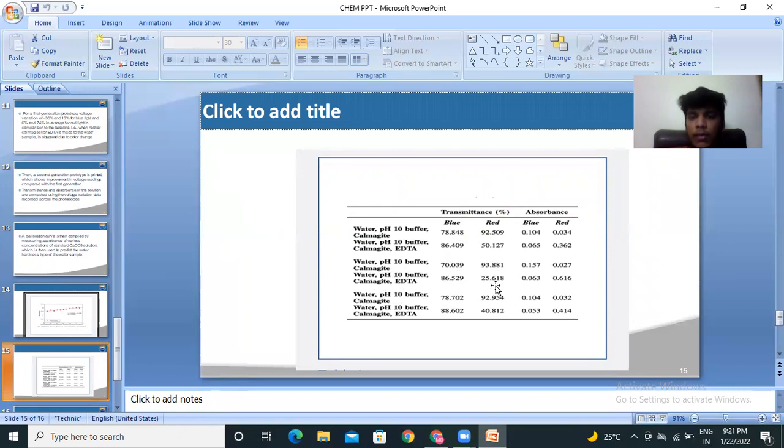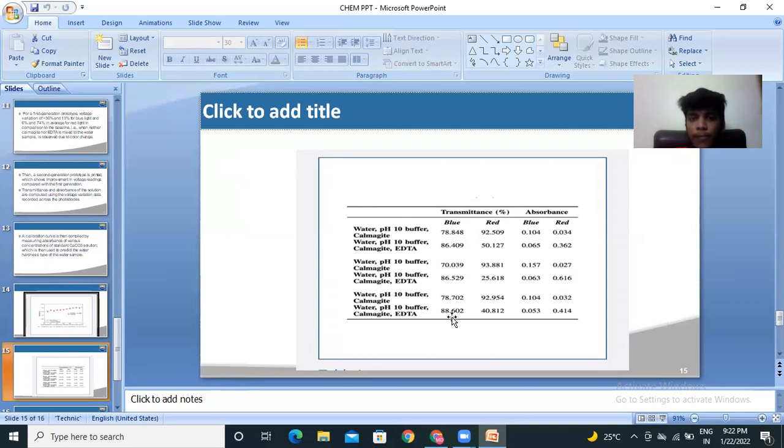The calmagite absorbance in blue is 0.157, and in red it is 0.027. The EDTA absorbance in blue is 0.063, and in red it is 0.616.